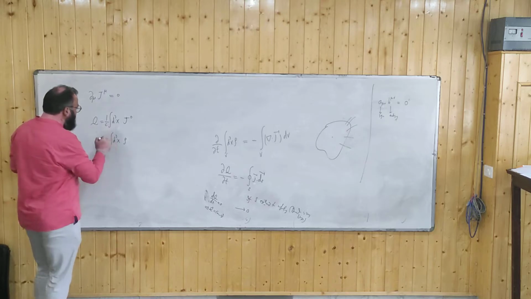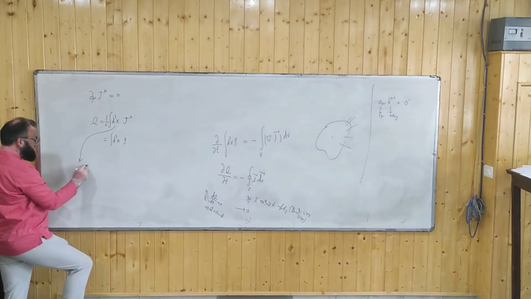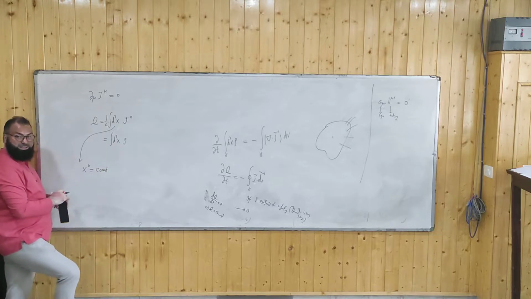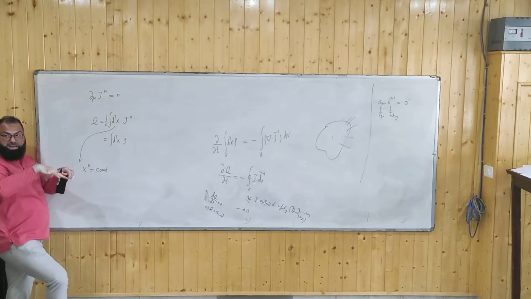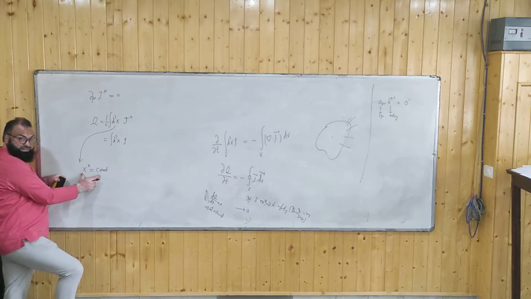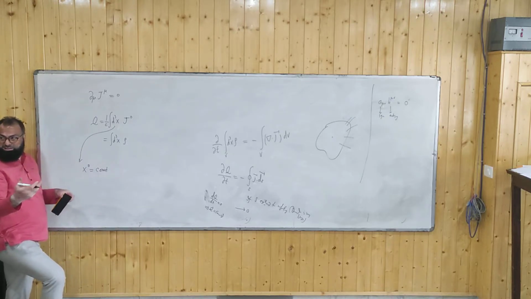So you define a hypersurface where x0 is constant. If you are in the 4-dimensional spacetime and assume such a hypersurface, the time component is constant. So what you will get is the projection on the 3-volume, simply this spatial volume.